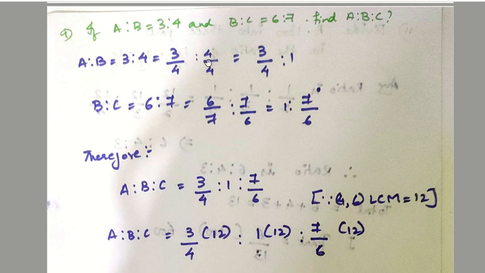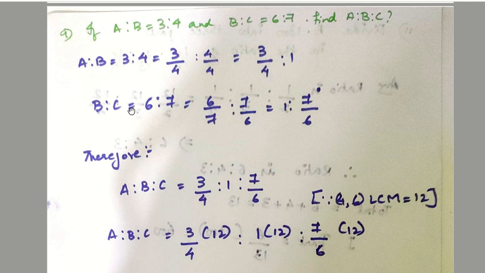So 3 by 4 is to 4 by 4, because we are dividing by the denominator so that you will get 1. So 3 by 4 is to 4 by 4, which is 3 by 4 is to 1.